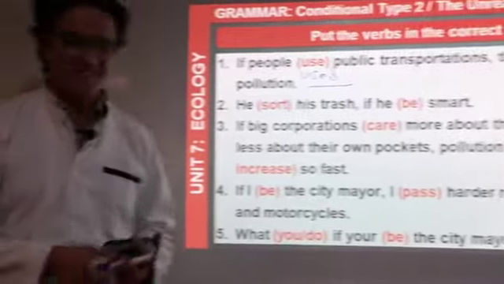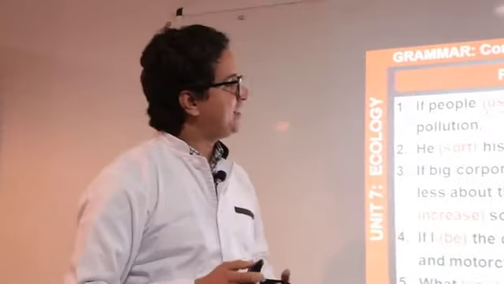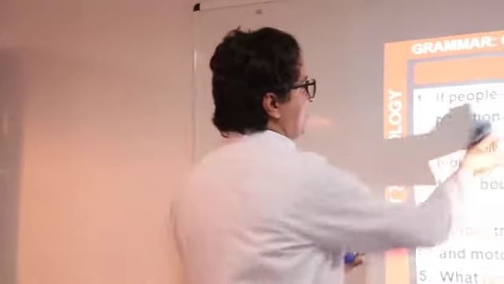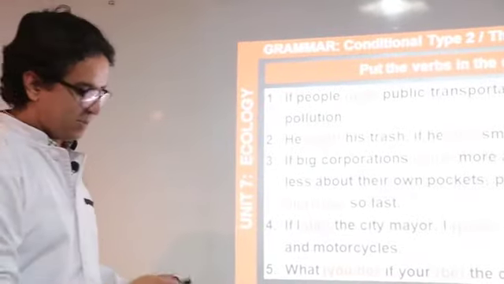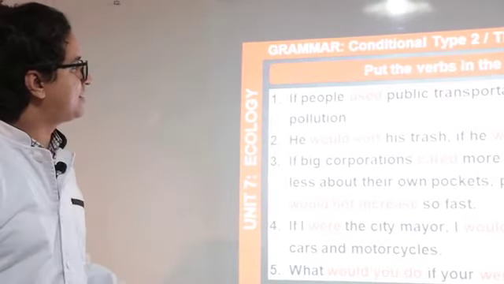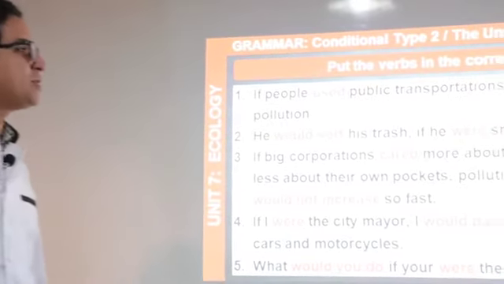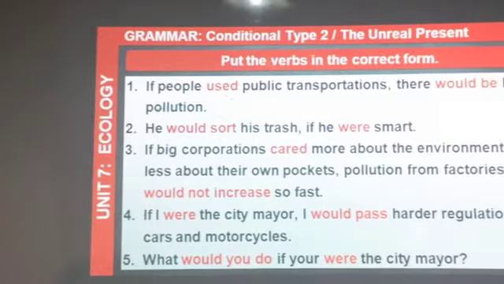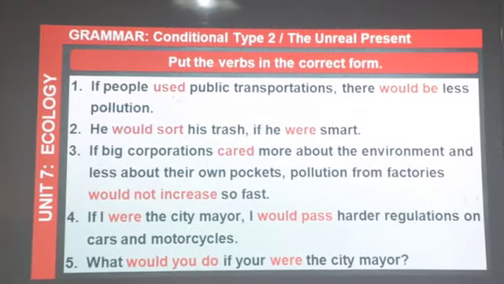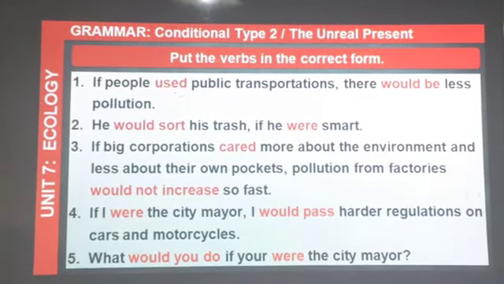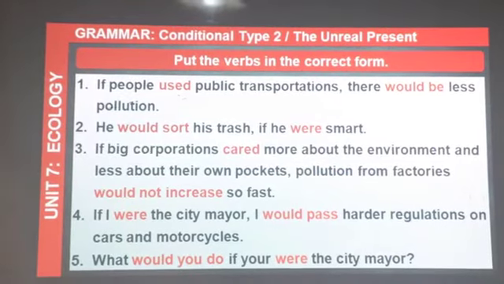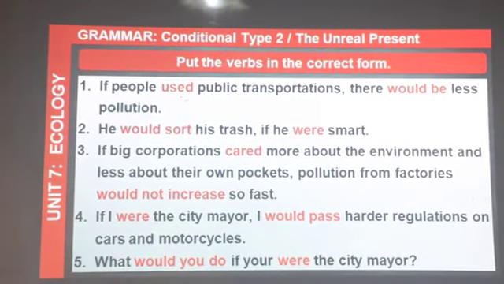Let's see the corrections. As I told you, the first sentence is: if people used public transportations, there would be less pollution. Second one: he would sort his trash if he were smart.